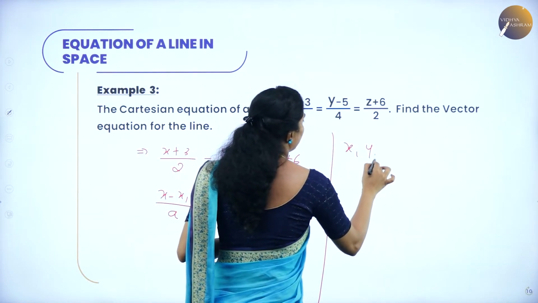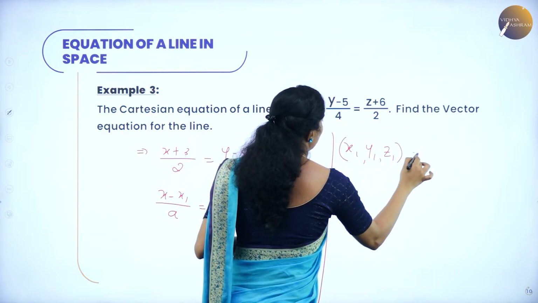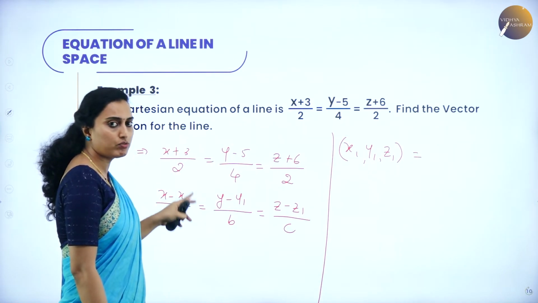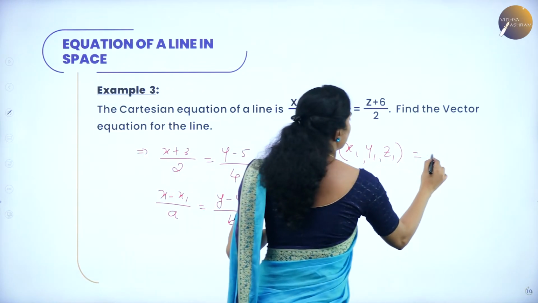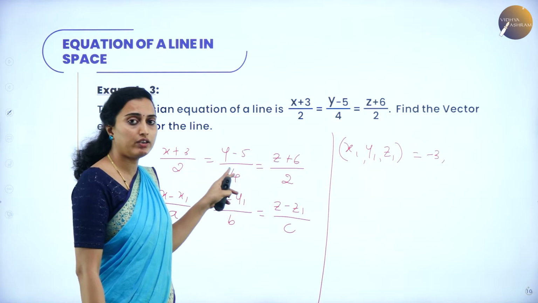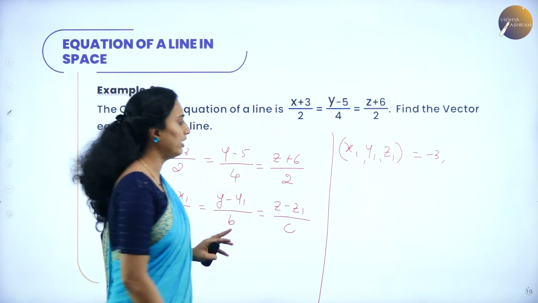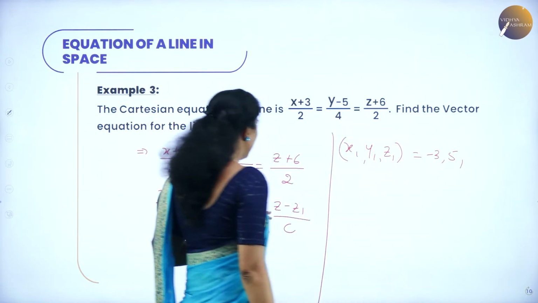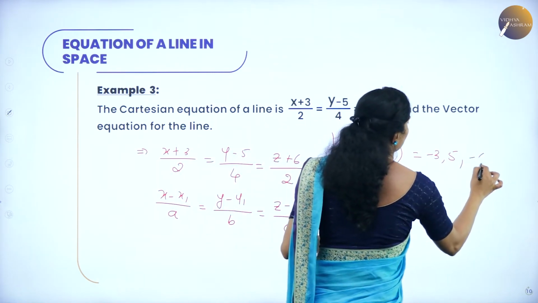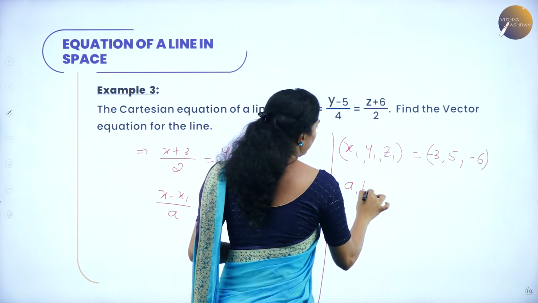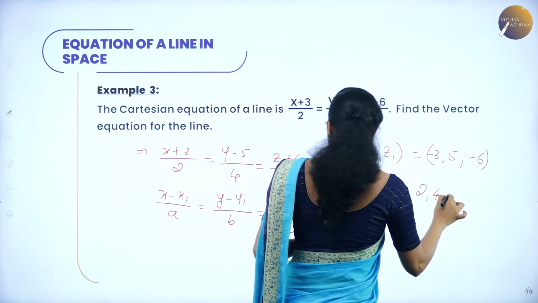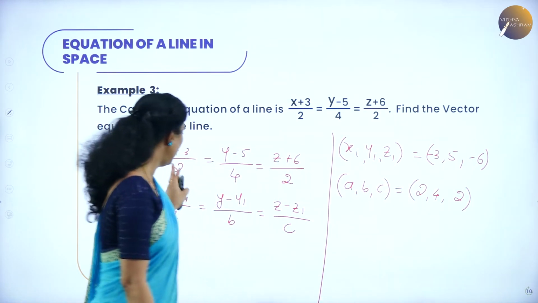Now what is x1, y1, z1? See here, x minus of minus 3 which will become plus 3 means x1 will be minus 3. So x1 is minus 3, comma, y minus y1 already minus is there, so y1 will be equals to 5 if you compare. Similarly for z, z minus of minus 6 is z plus 6, so z1 will become minus 6. Okay. Now what is abc? They have given 2, 4 and then 2 in the denominator.